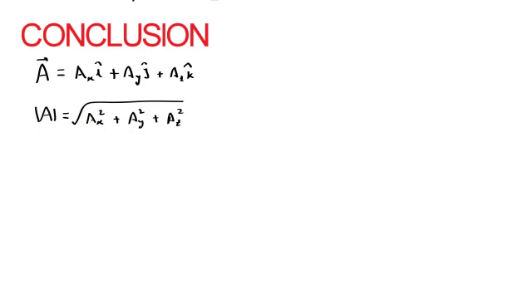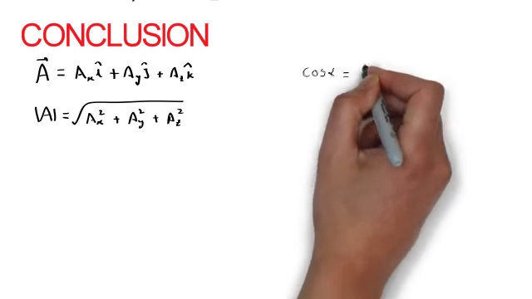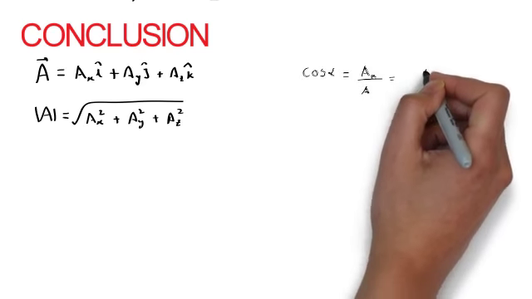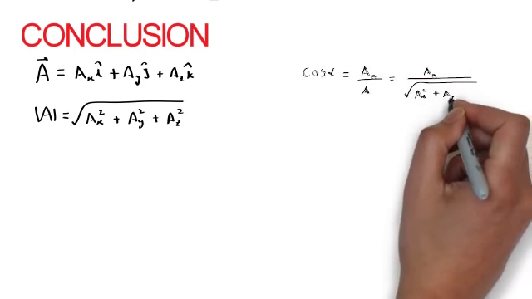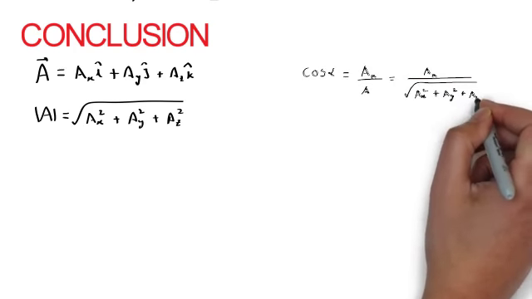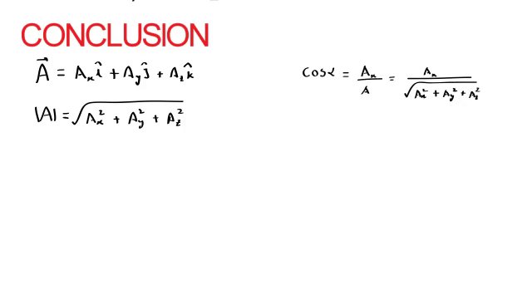The angle that the vector makes with the x-axis is given by cos alpha equal to Ax upon A, which will be equal to Ax upon under root of Ax square plus Ay square plus Az square, because the modulus of A is under root of Ax square plus Ay square plus Az square.